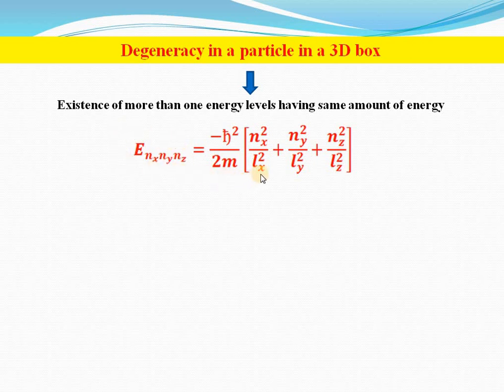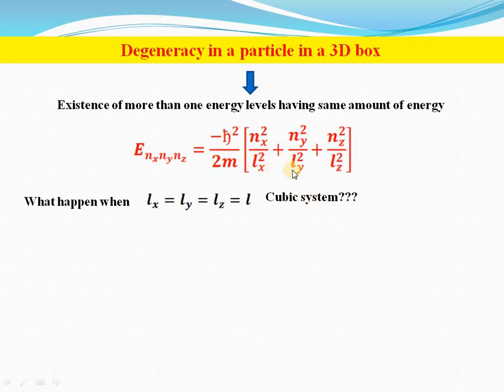But suppose the box is a cubic box, so the length of the box along the x direction, y direction and z direction becomes the same, that is Lx, Ly, Lz is equal to L for a cubic system. Then what happens is this term will be a common factor, so it will come outside the bracket.